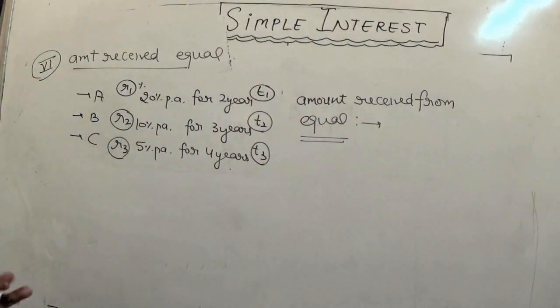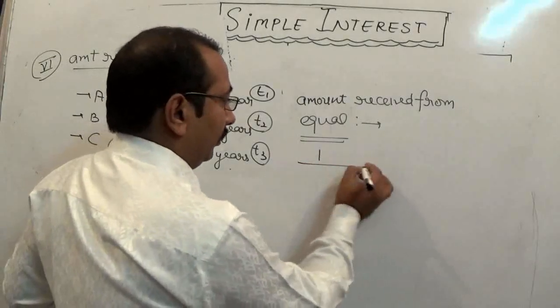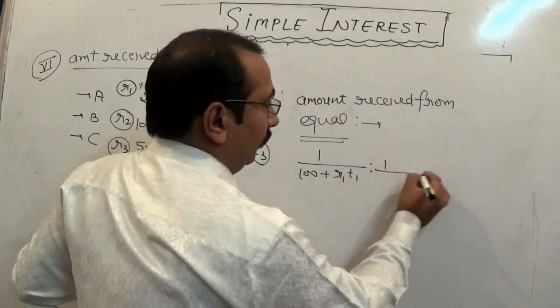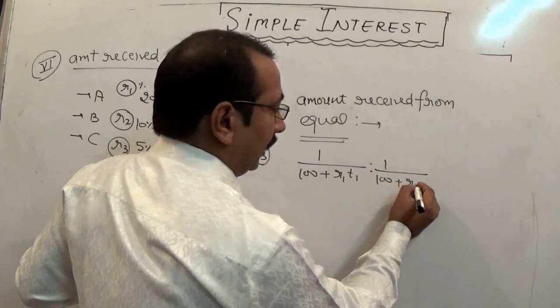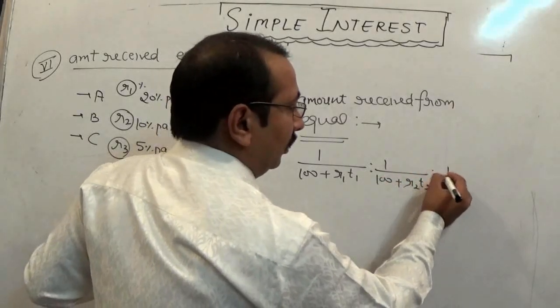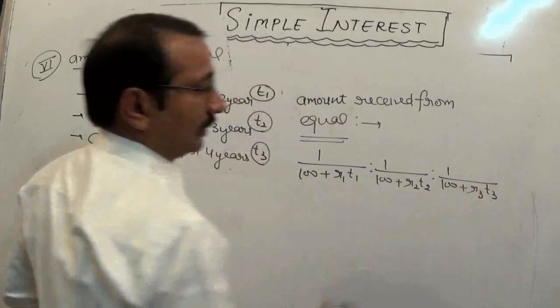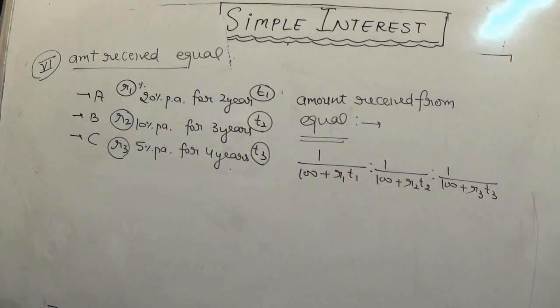We can have a direct formula for this: 1 upon 100 plus R1 into T1, 1 upon 100 plus R2 into T2, 1 upon 100 plus R3 into T3, and our answer is there. Or you can also go with the standard approach, make all the amounts equal.